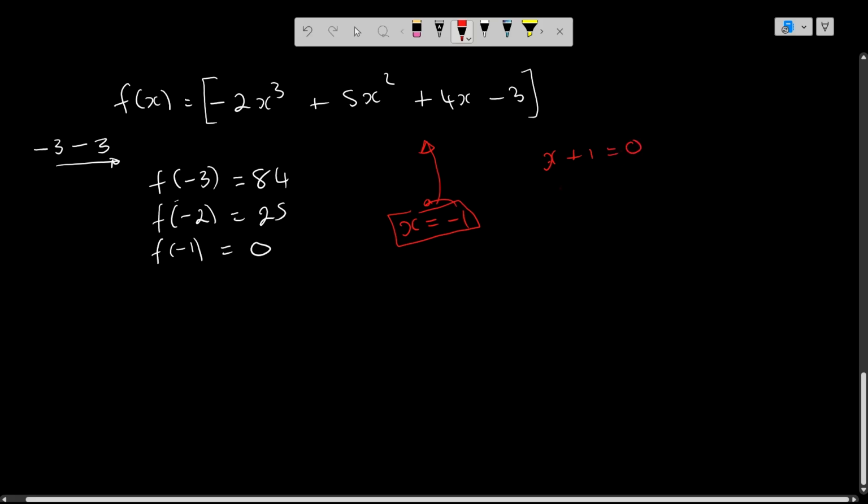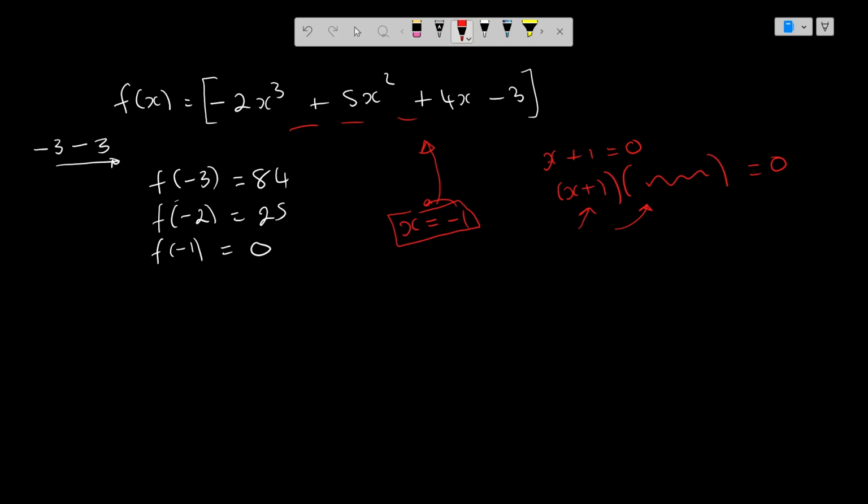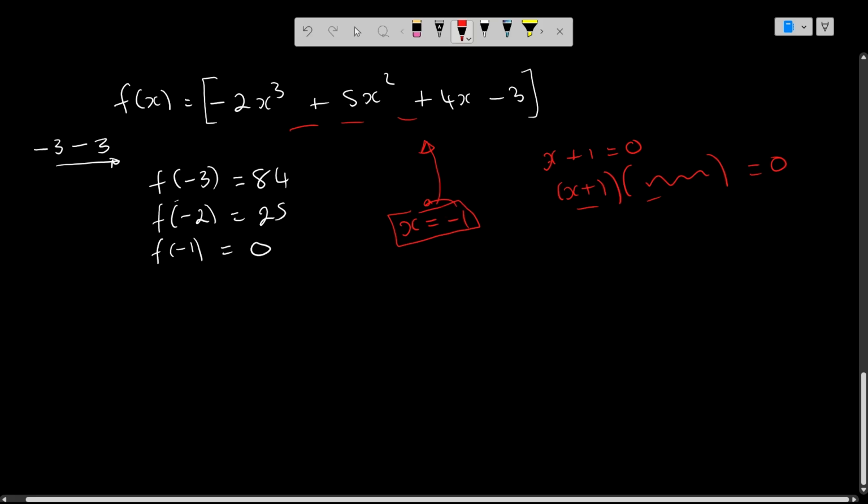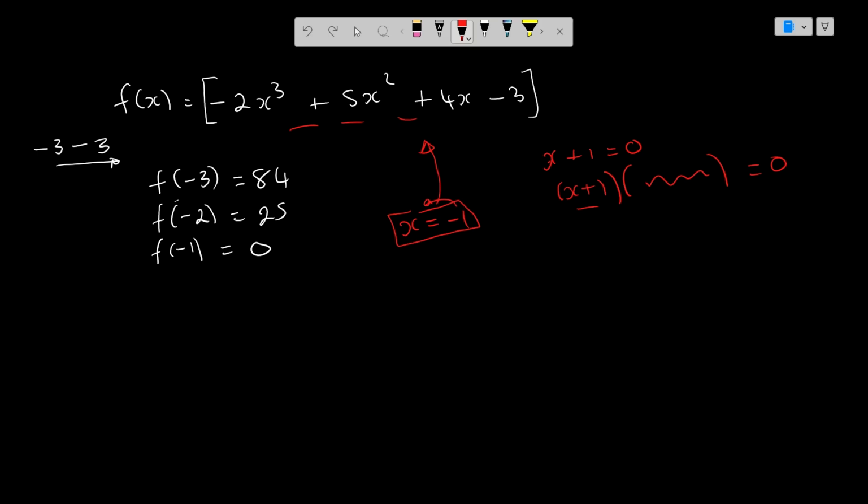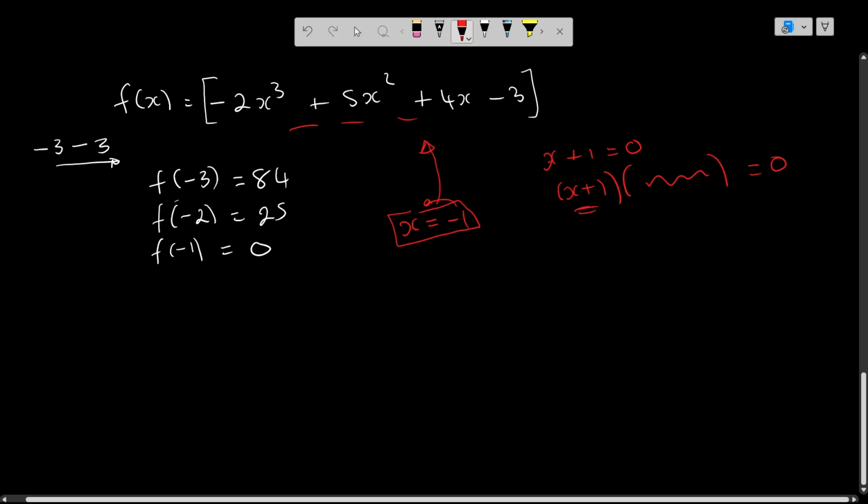So x plus 1 times some function will give us this expression, and because x plus 1 is a factor, if that is 0 then the product is 0. That means that if we divide this polynomial by x plus 1, we will not get a remainder. So this is a factor of this cubic polynomial function.